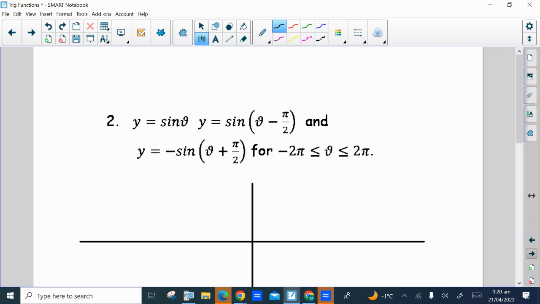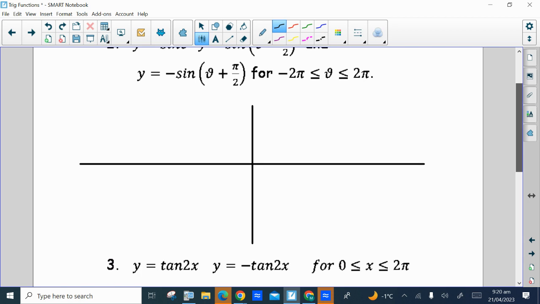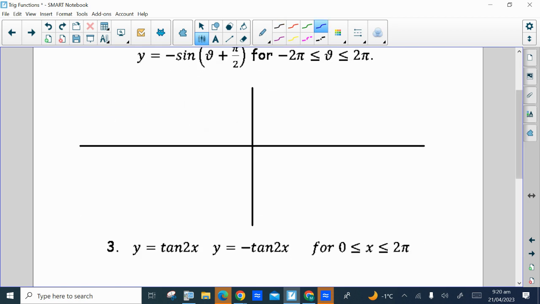So now we want to do some transformations of sine theta between negative 2 pi and positive 2 pi. So we'll say that's negative pi, negative 2 pi, positive 2 pi. So that'll be negative pi on 2, negative 3 pi on 2.